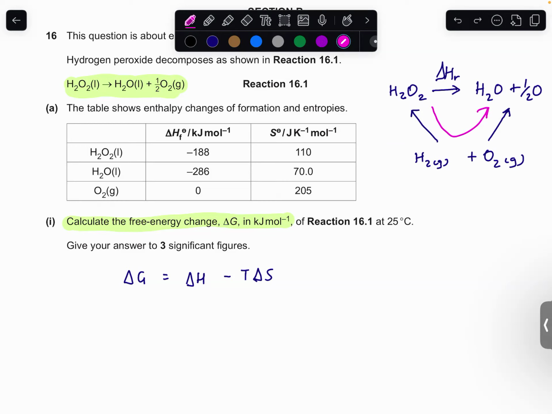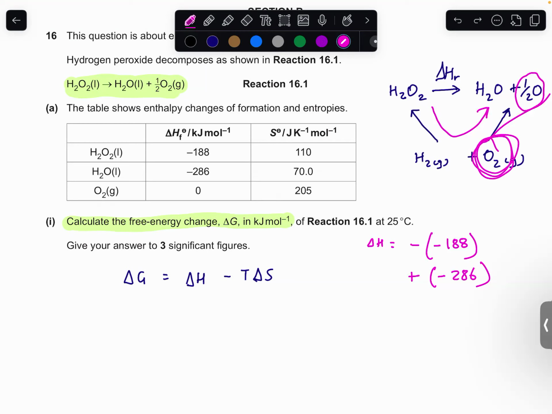So how do we work out delta H? Delta H would equal minus 188 plus minus 286. And you see the energy change from O2 to O2.